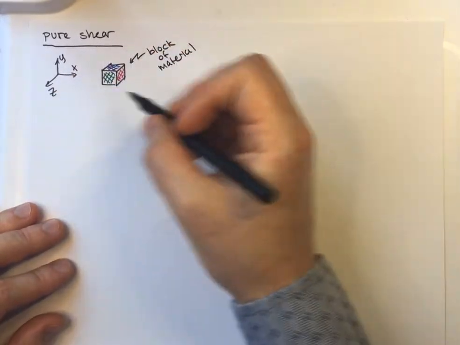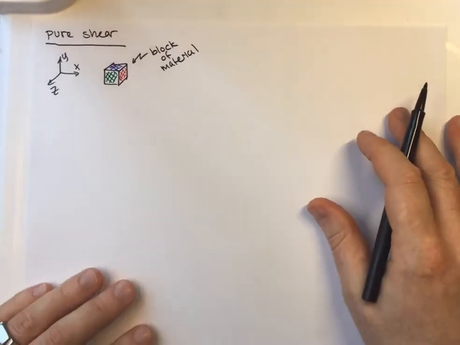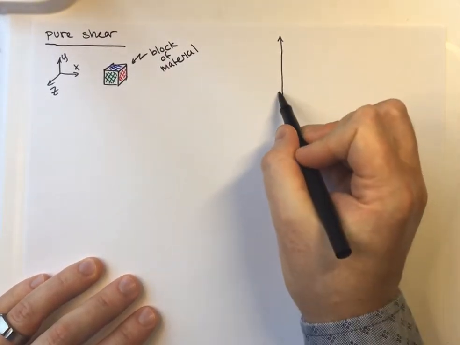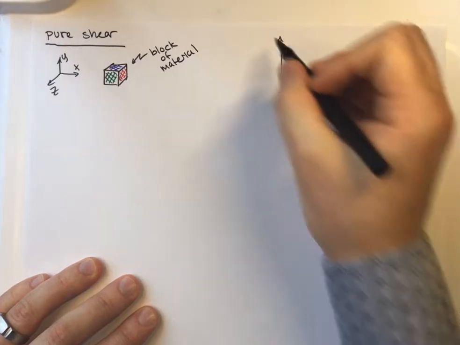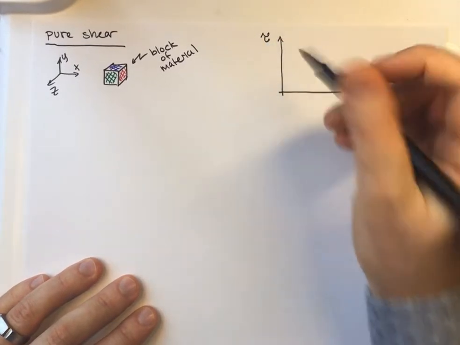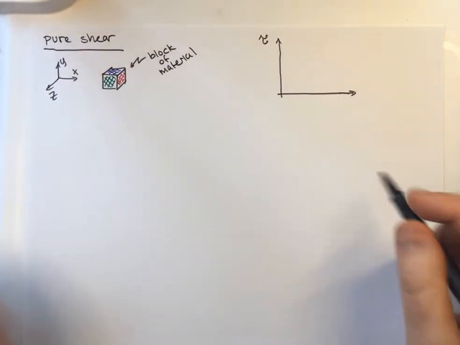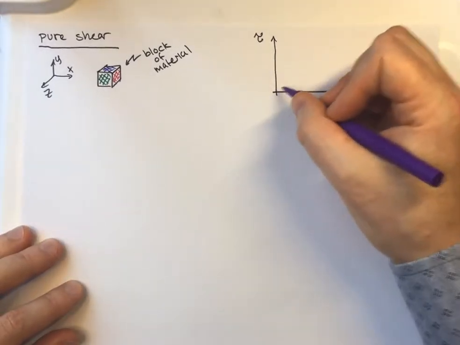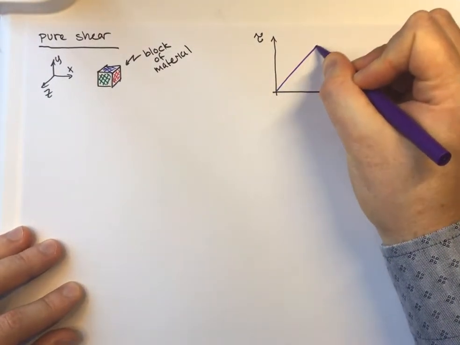And our assumption, if we start off with that, is that if we have a block of material and we apply some shear stress, tau, and we have shear strain here, our linear elastic assumption is still good for modest loads.